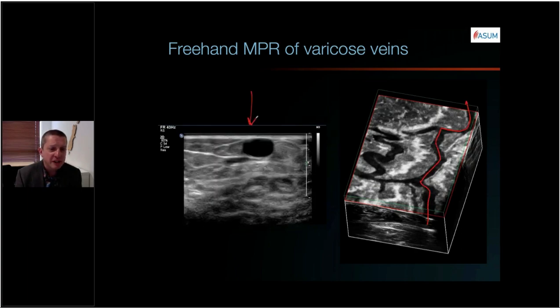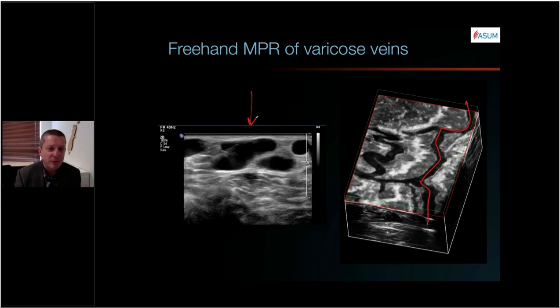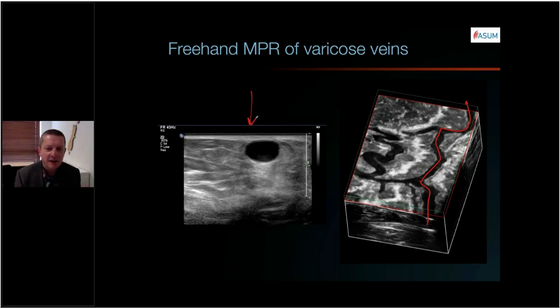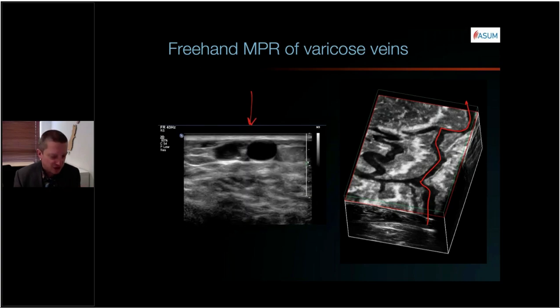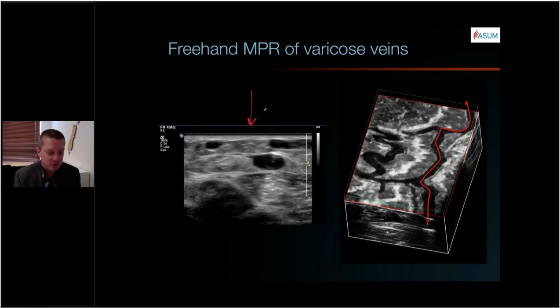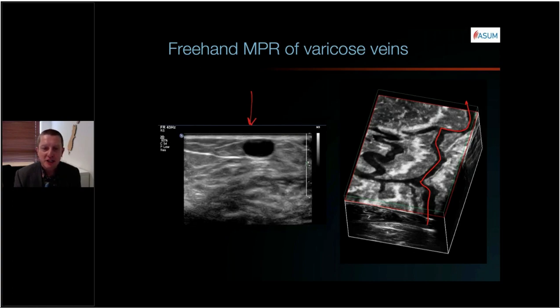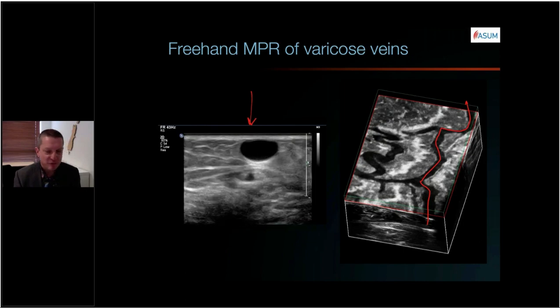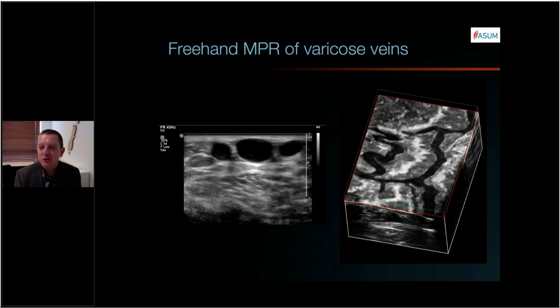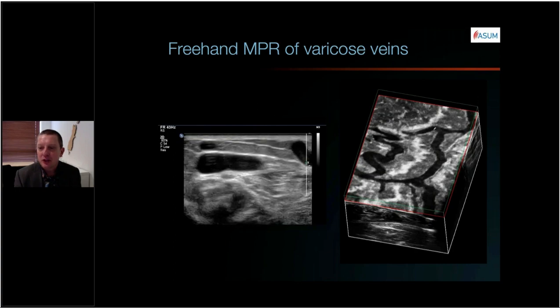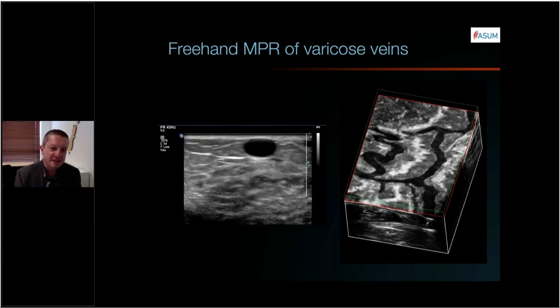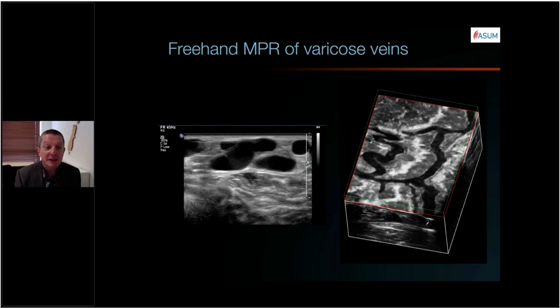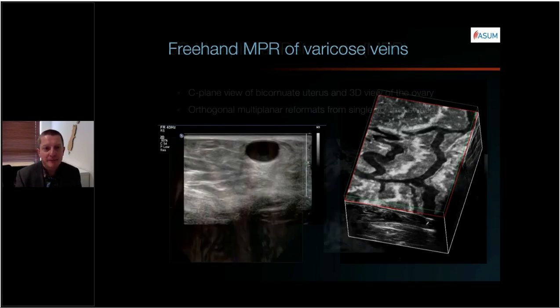It's just cognitively too much going on with too many branches, and it is very, very hard. But on the 3D reconstruction, which is a bird's eye view of the vein, this is much, much easier, and you can see this will be quite a challenge to perform a transcatheter technique due to the curvature of the vessel. So sometimes 3D ultrasound can be very useful for decision making.